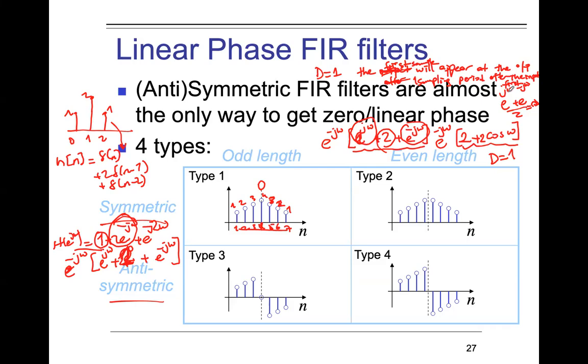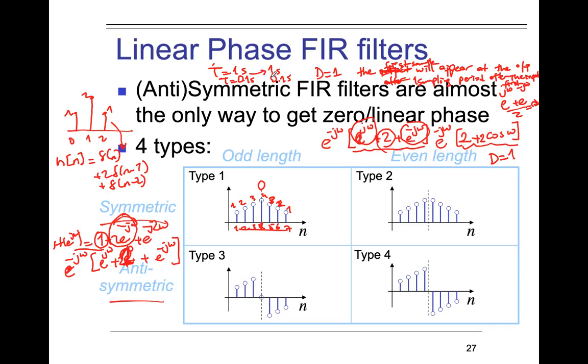This entered, this will appear at the output 1 sample later. For example, if my sampling period is 1 second, it will appear 1 second later. If my sampling period is 0.1 second, the output will appear 0.1 second later. It will be a delay.